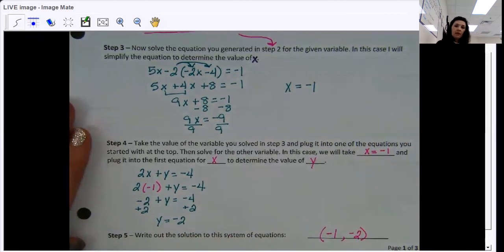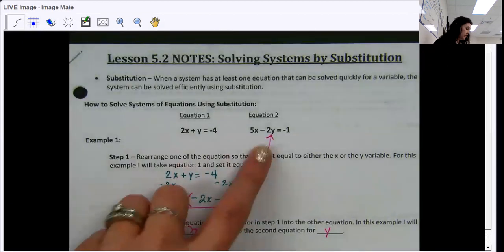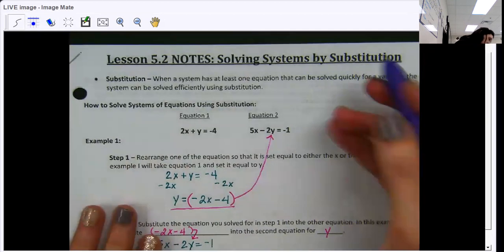Okay. Now, with graphing, you don't check as much as you do with something like substitution. So I'm going to show you how to go back and check to make sure that your solution is correct. I'm going to take -1, -2, and plug it into both of these equations, and check my solution.